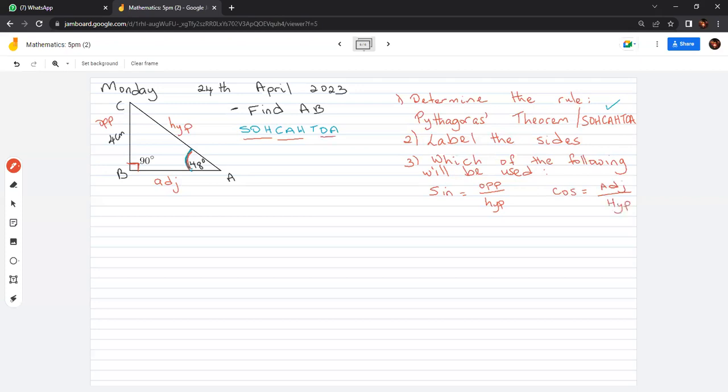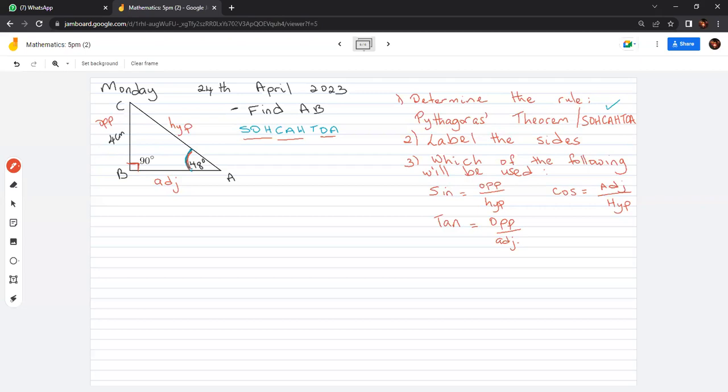And tangent, or TOA, we also call it short tan, is equal to opposite over adjacent. So you have to see which of these three you're going to use.